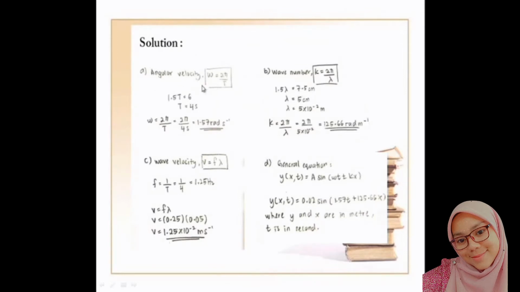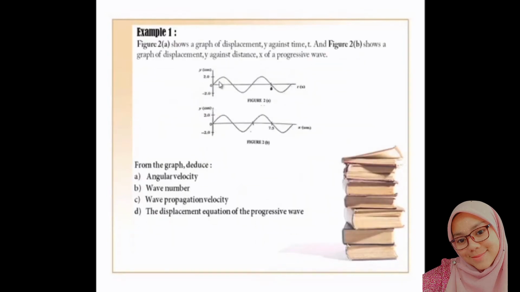Okay, so for question 1, kita nak cari angular velocity kan. So kita kena tahu that angular velocity adalah omega. Omega dengan formula adalah equals to 2 pi over T. Okay, so sekarang ni kita tak tahu T kita berapa kan. So bila kita tak tahu T kita berapa, kita kena cari. So from here, kita boleh tahu yang ni one complete oscillation ni, itu adalah satu period. Itu istilah kan. And then, dia bagi maklumat lagi sampai ni sama dengan 6.